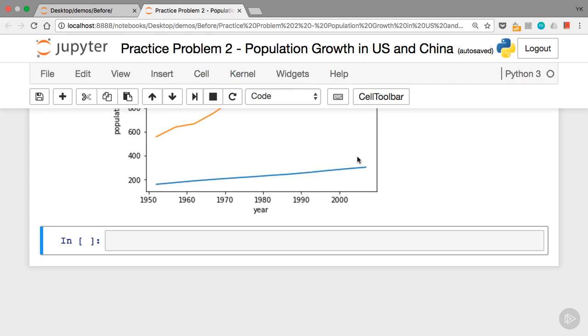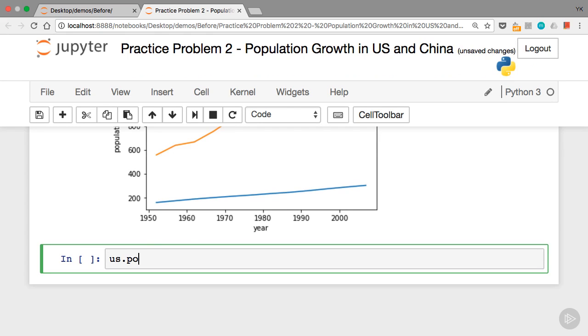Just like in the previous example, we're going to set the first year's population to 100 and we'll compare how much it's grown since. We can do this with us.population divided by us.population.iloc[0], which is the first available year's population in the US, times 100.